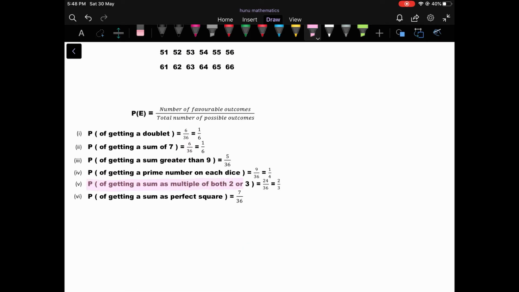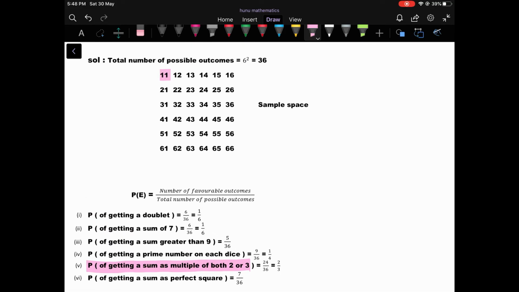Next, the probability of getting a sum as a multiple of 2 or 3. 1 plus 1 equals 2, which is a multiple of 2. 1 plus 2 equals 3, which is a multiple of 3. 1 plus 3 equals 4, which is a multiple of 2, and so on. 1 5, 2 1, 2 2, 2 4, 2 6, 3 1, 3 3, 3 5, 3 6, 4 2, 4 4, 4 5, 4 6, 5 1, 5 3, 5 4, 5 5, 6 2, 6 3, 6 4, and 6 6.